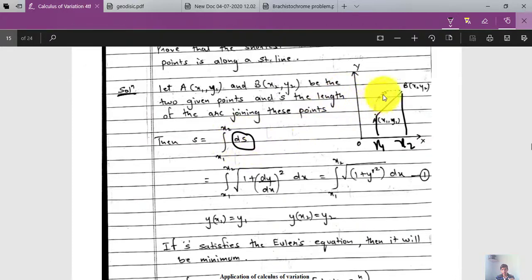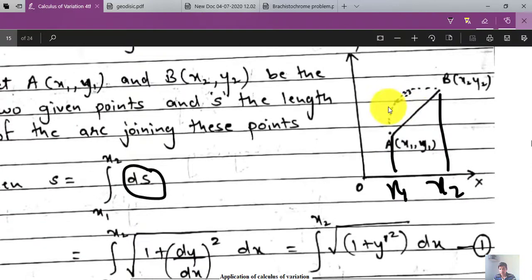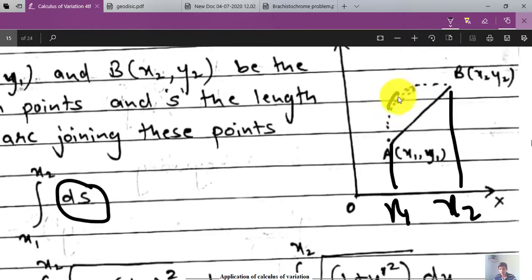If I take some part of ds, and if I take a tangent over here, you can take a tangent from here. So any tangent you can take, and take some part of it, right? Suppose I am taking this tangent, and some part of it, some ds, right?